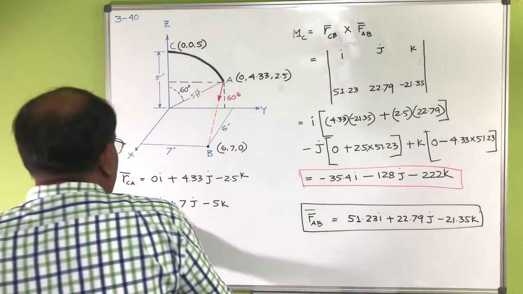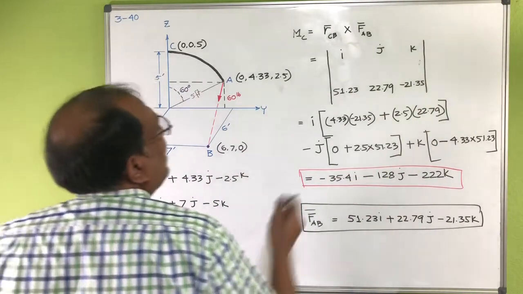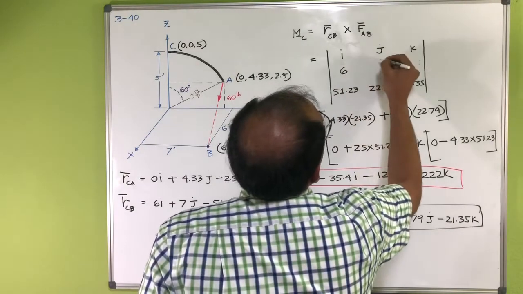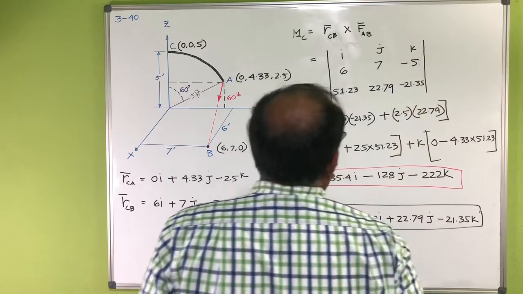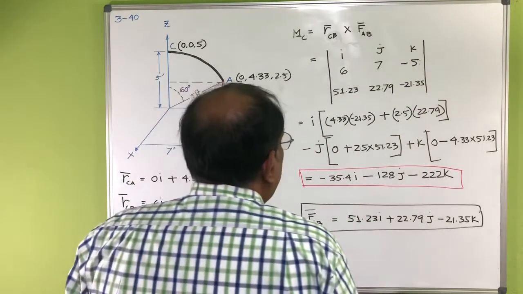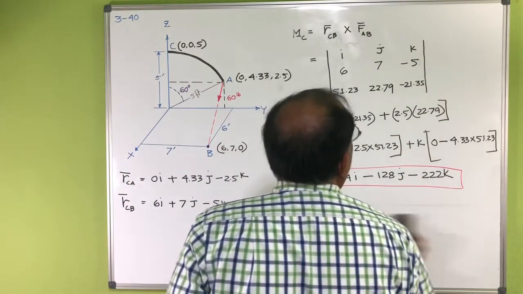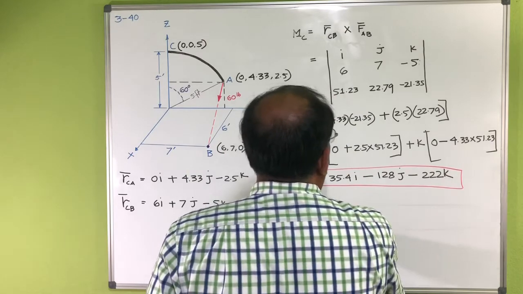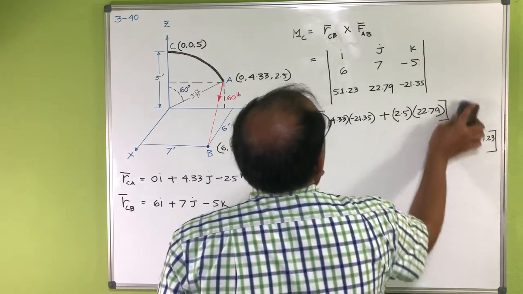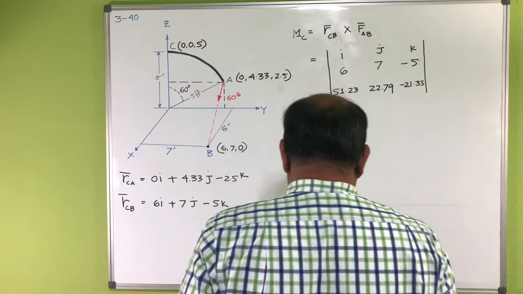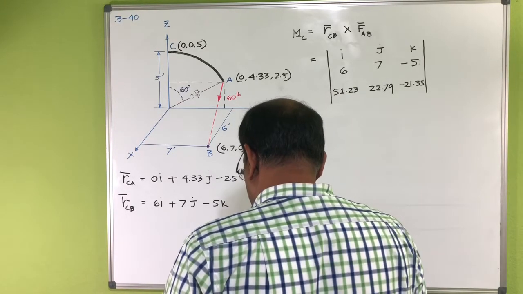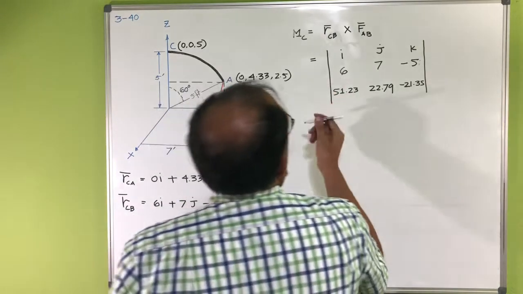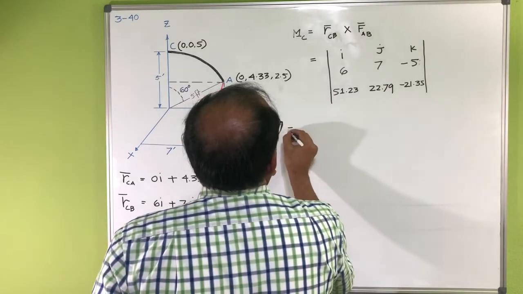Now you can see that 6, 7 and minus 5. So here you can just do that one like this.